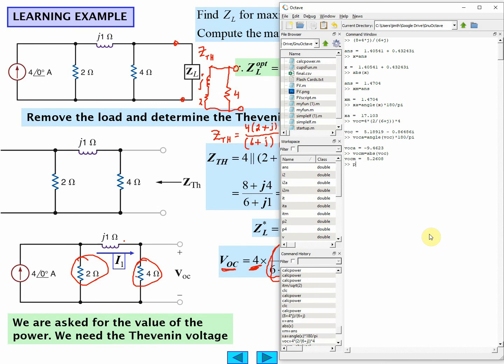So power equals VOCM raised to the second power divided by parentheses, 2 times 4 is 8, times RTH, well, that would be the real part of this imaginary number.